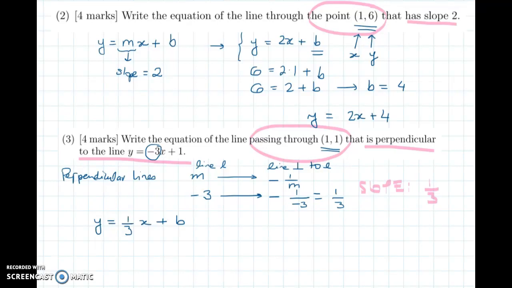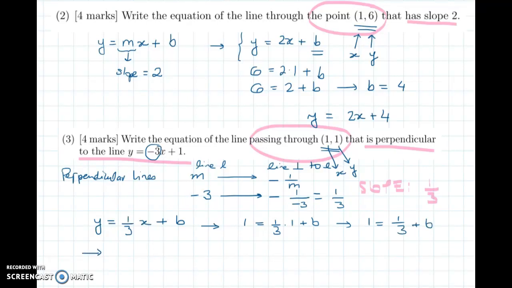But as we did before, if we know everything but the y-intercept, so we know the slope and we know one point, the point (1, 1) is telling us that when x is 1, the y is 1 as well. We can then substitute that information here and say that 1 has to be the same as a third times 1 plus b. So 1 is the same as a third plus b.